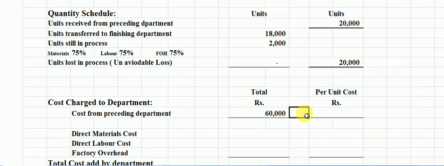Now per unit cost we have to find here, dividing this amount by total units received from the preceding department.